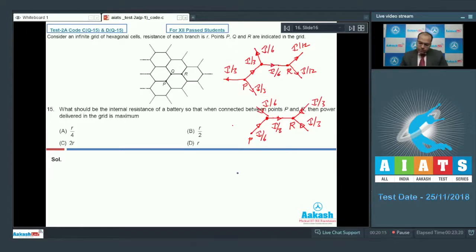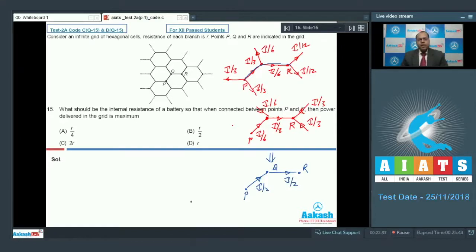So if I calculate the net current from P to R, suppose this is P, this is Q, this is R, then from here to here, if I apply the principle of superposition, it is I by 2, and from here to here it is also I by 2.